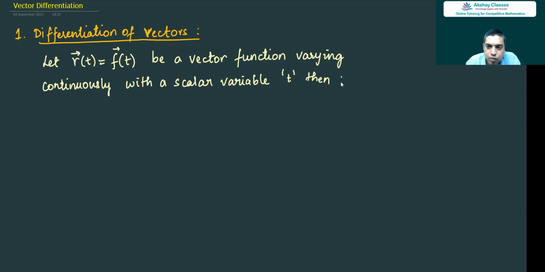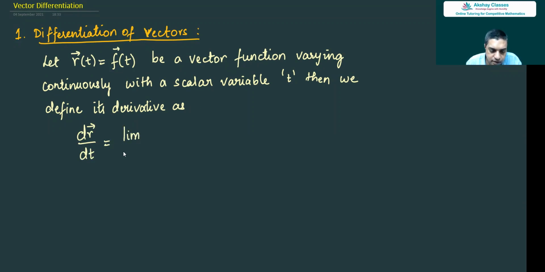Then we define its derivative as dr upon dt is equal to limit delta t tends to 0, r of t plus delta t minus r of t by delta t.